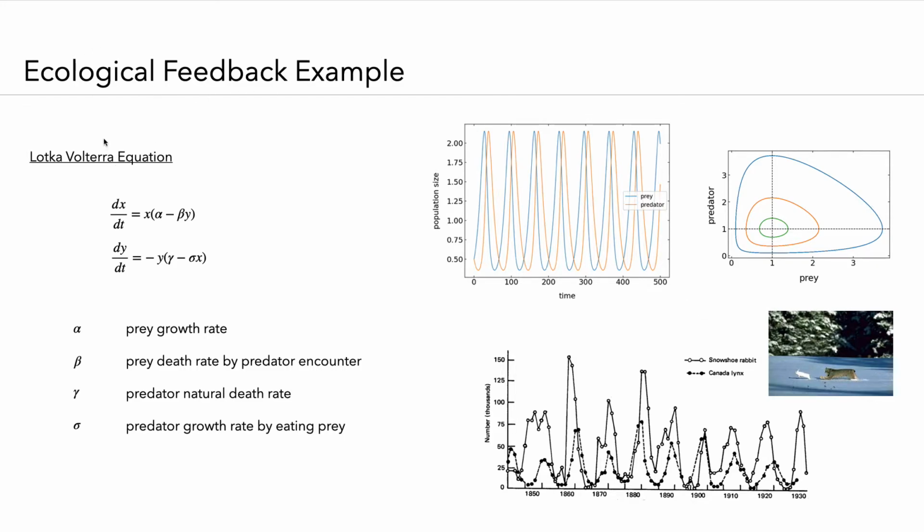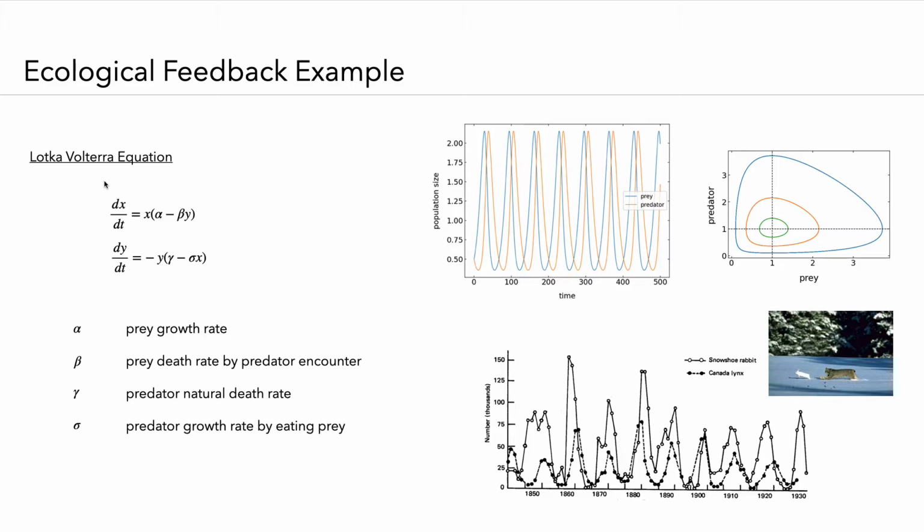This is an ecological feedback example, which you certainly have heard of, describing the relation between predators and prey. Imagine that you have a certain population of prey and a certain population of predators, and these populations are measured by the variables x and y. Then they interact, of course, in a certain way.